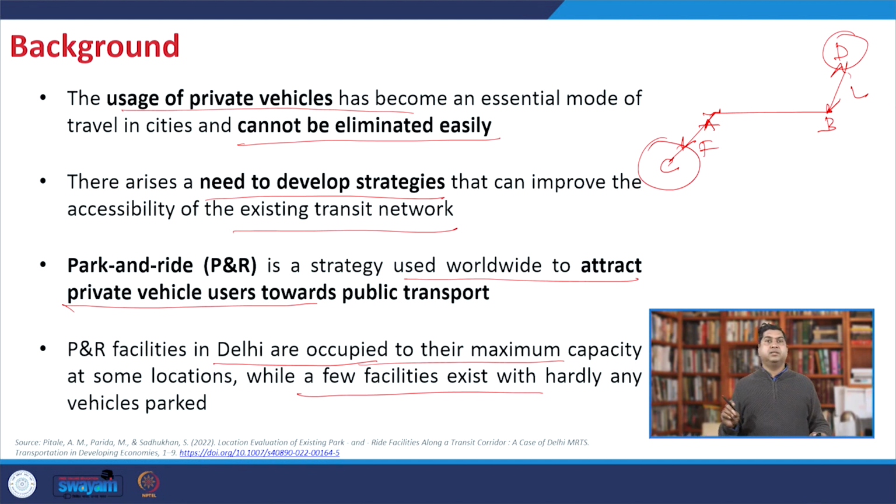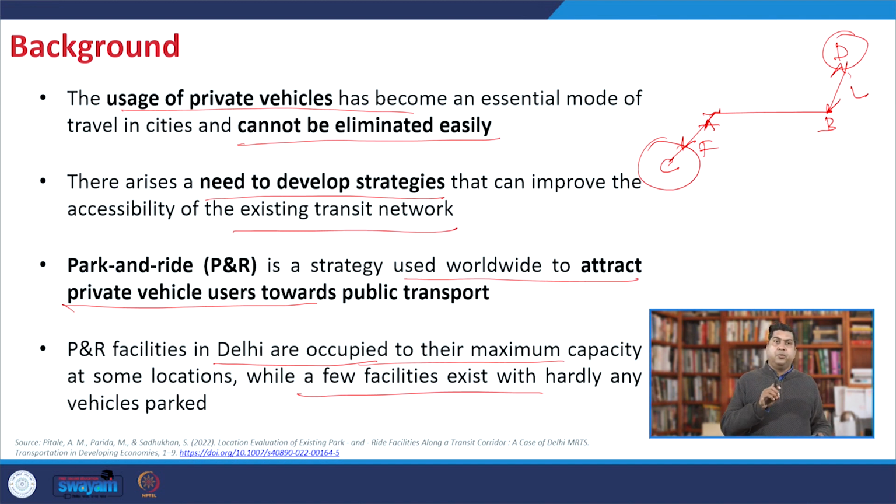So that means it is required to examine the issues, why this is used, why this is not used. Is it the locational advantage or disadvantage by which some of them are having higher utilization, some of them having lower or no utilization?